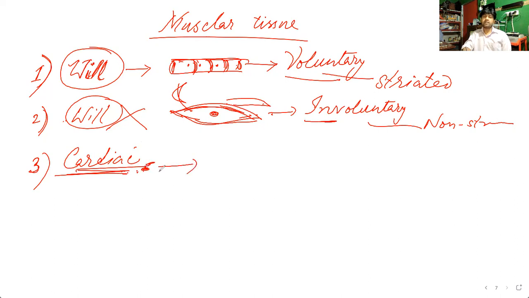But the specialty is that the whole life, from the beginning of life till death, continuously without taking any break, these cardiac muscles can contract and relax. From the birth of an organism till death, without taking a rest for a single second, it is working.